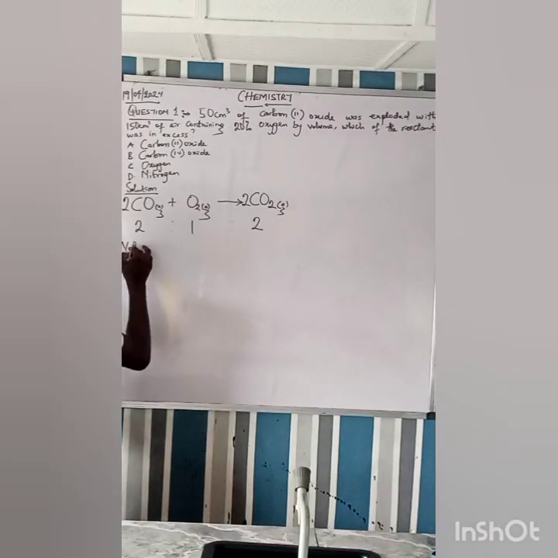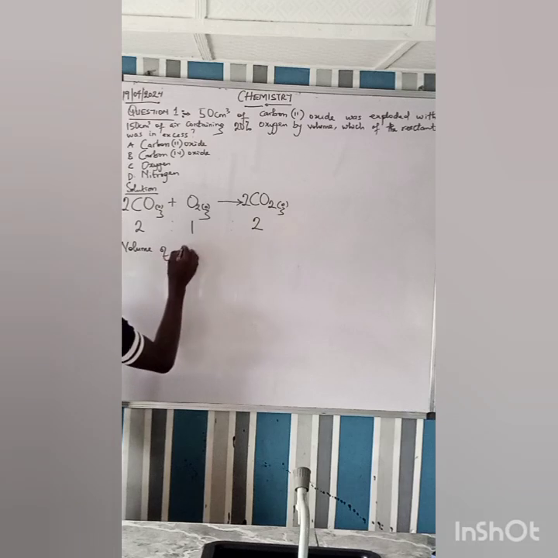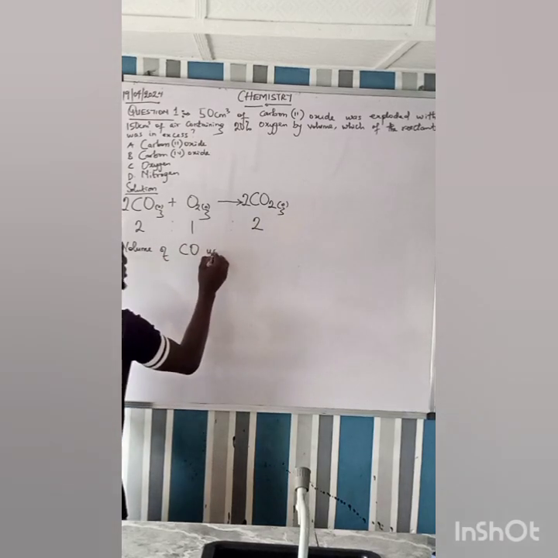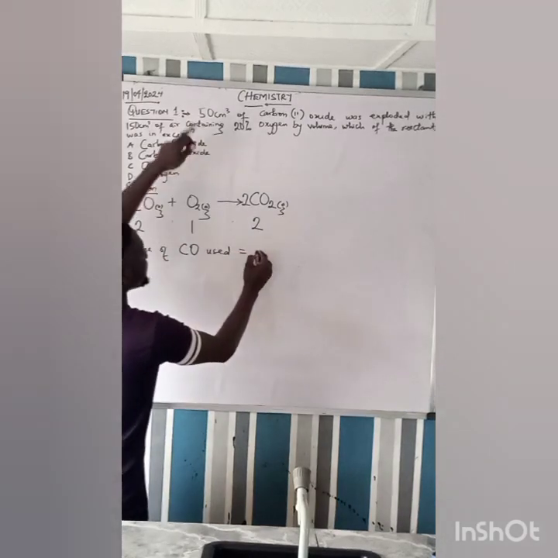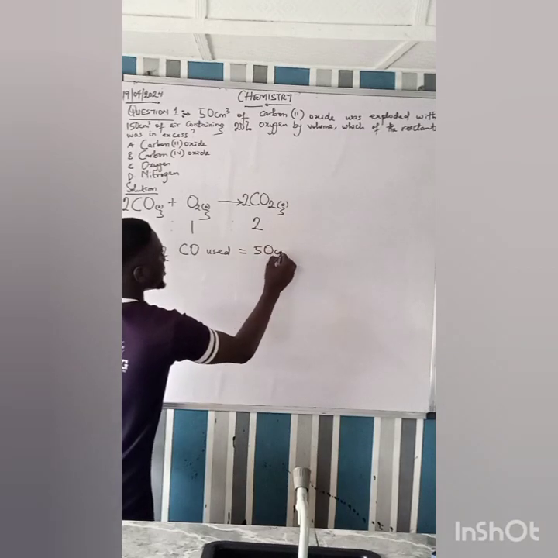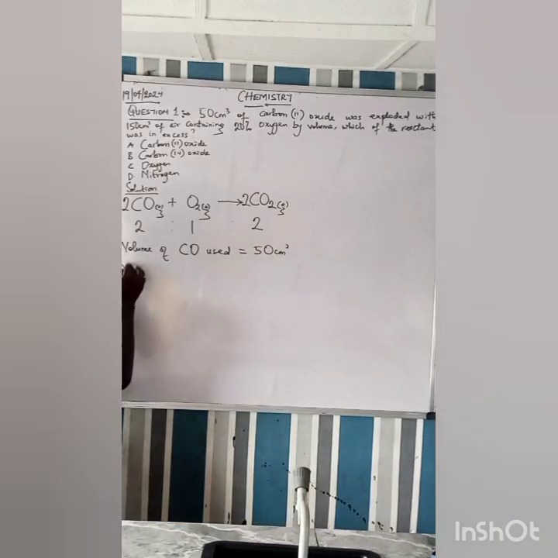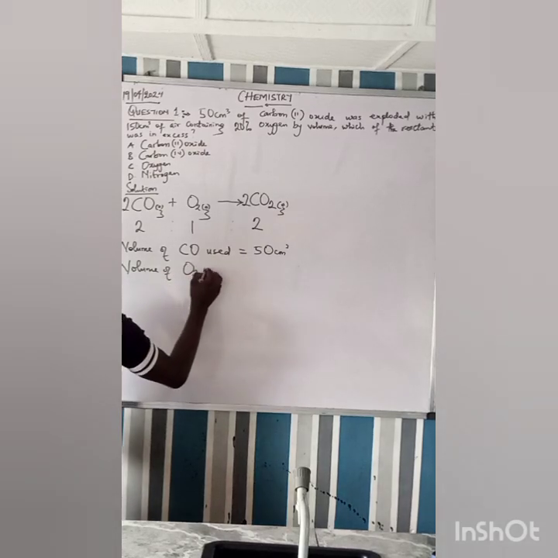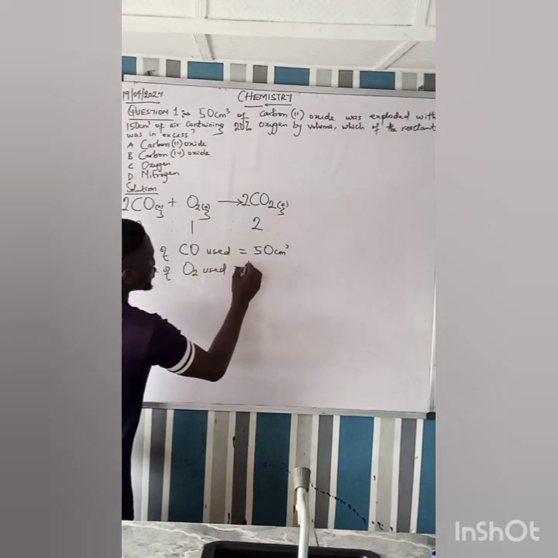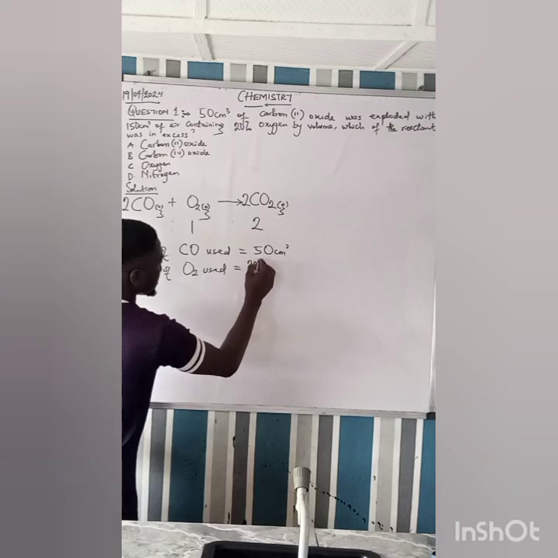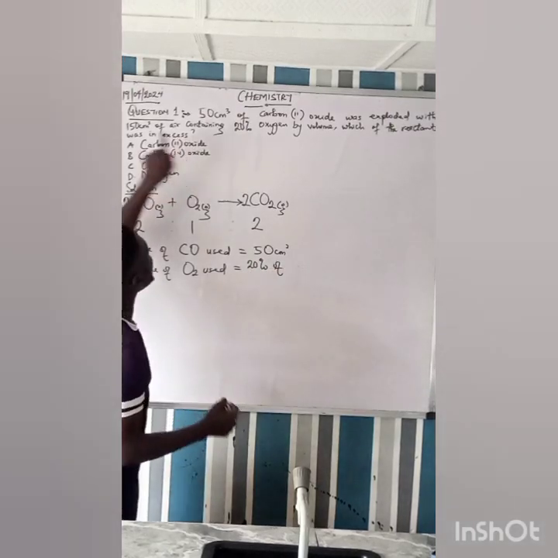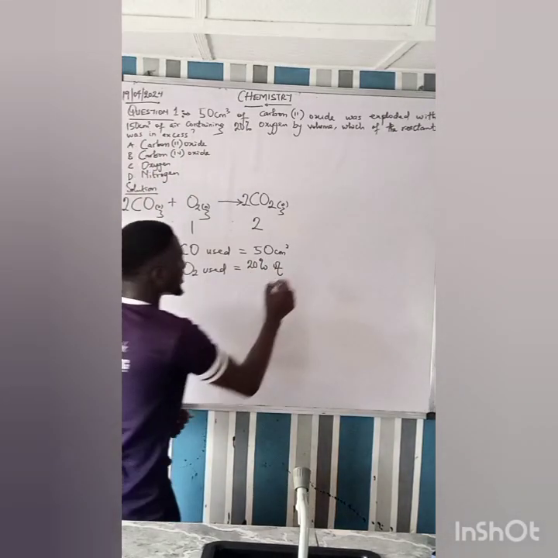So we have the volume of CO used equals 50 cm³. The volume of O₂ used equals 20% of 150 cm³ of air.